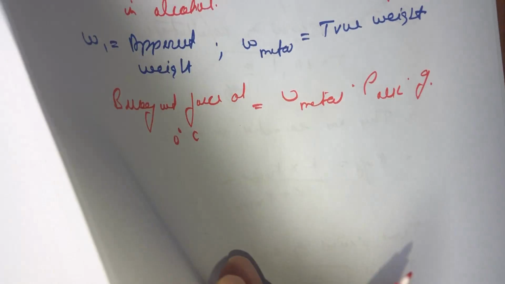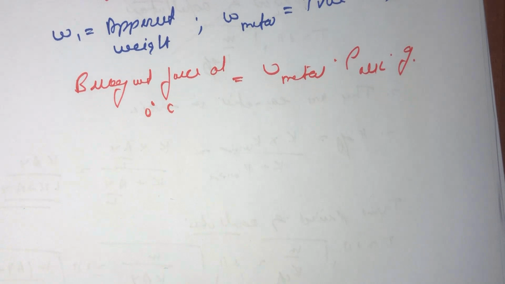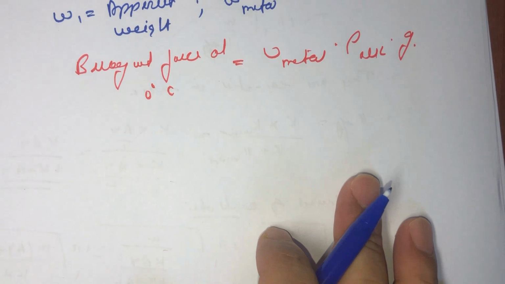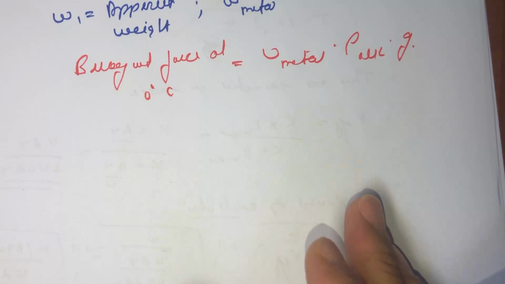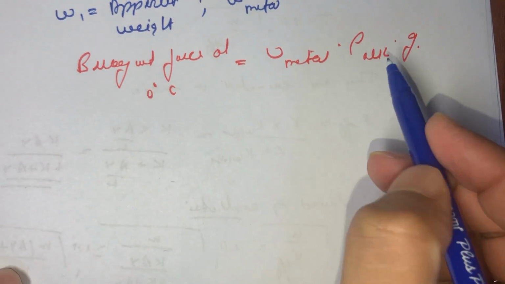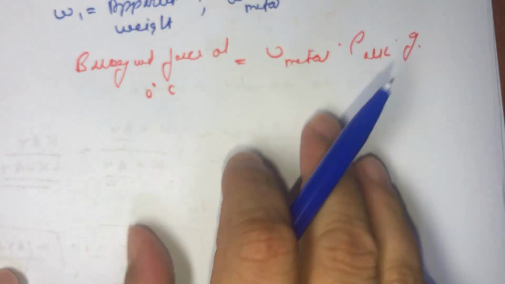And let us say that the mass of the alcohol is given as M alcohol, because we are going to convert this density in terms of mass and volume.